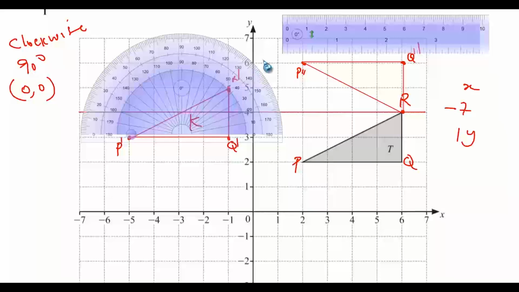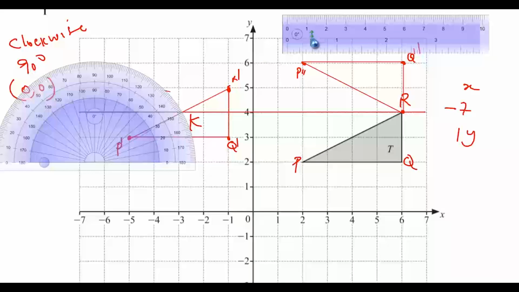So the first thing you need to do is to draw a line from the center of rotation to each of the points. Okay, so let's start. Let's pick this now. Let's adjust this a little bit.